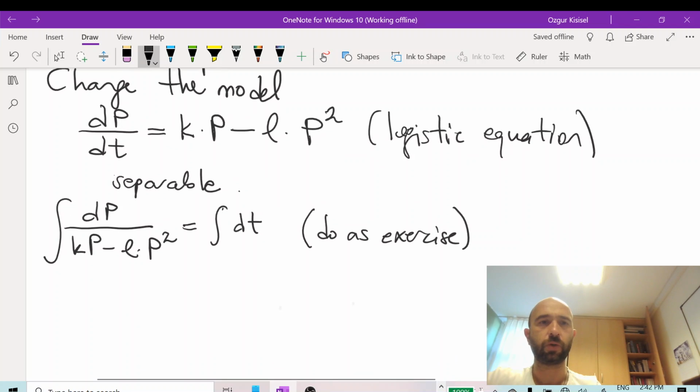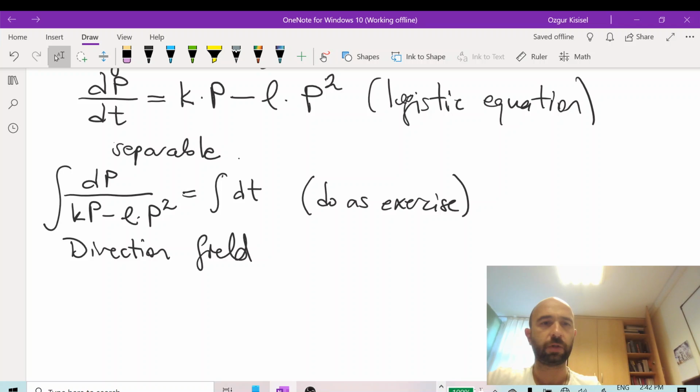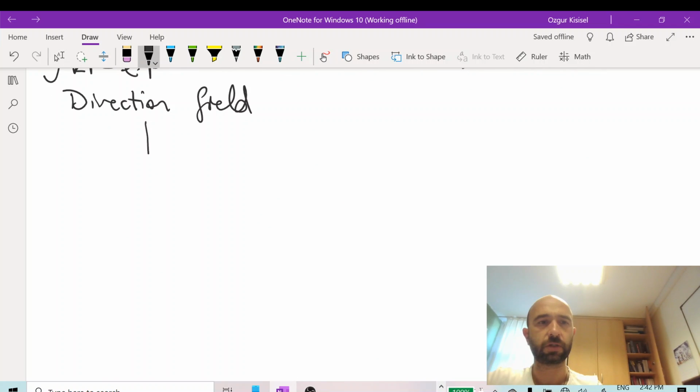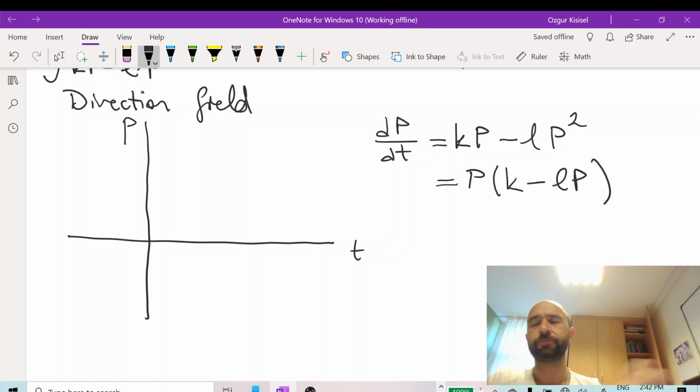But let's also think about the direction field for this differential equation. Now, let me rewrite the equation here again for space reasons. So here's the t-axis, p-axis, and your differential equation was dp/dt equals kp minus Lp squared, which we can also write as p times (k minus Lp), right?